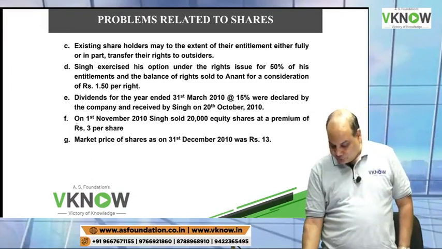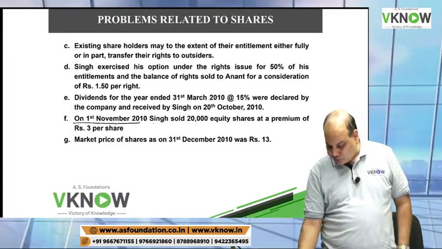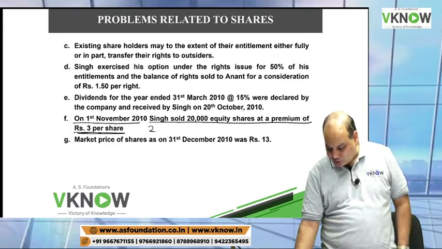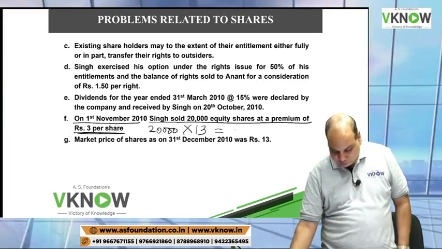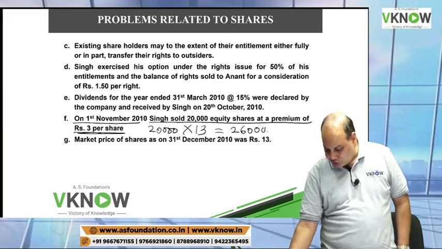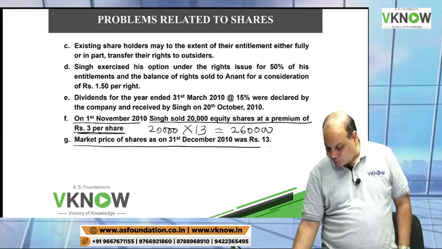Next line. On 1st November, Singh sold 20,000 shares at a premium of 3 rupees. So 20,000 into 13 rupees, 2,60,000. Market price of the share is given 13 rupees.